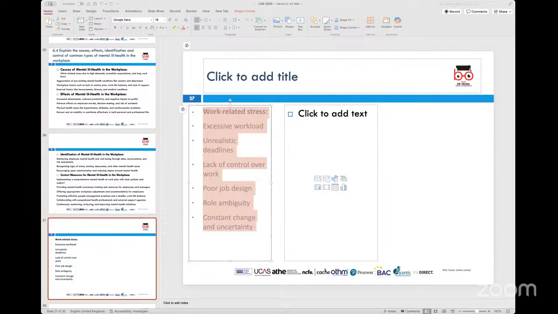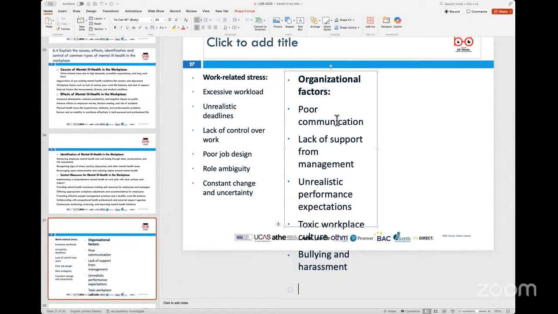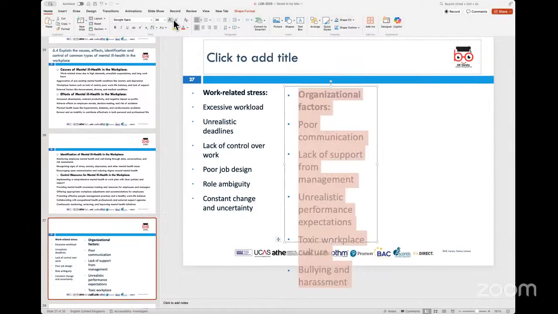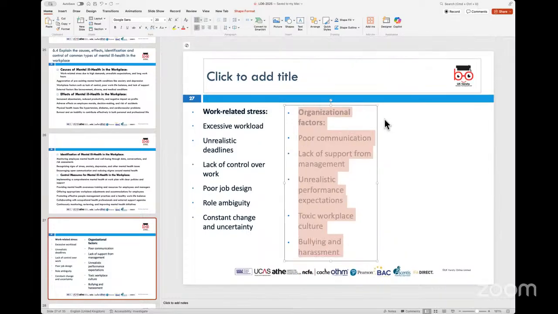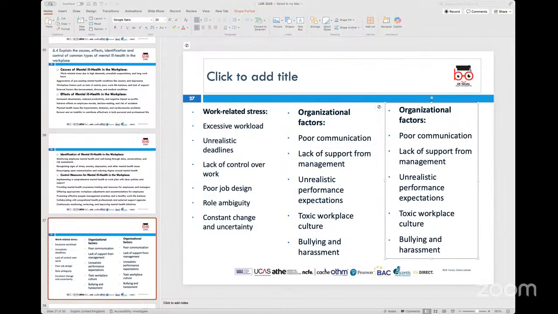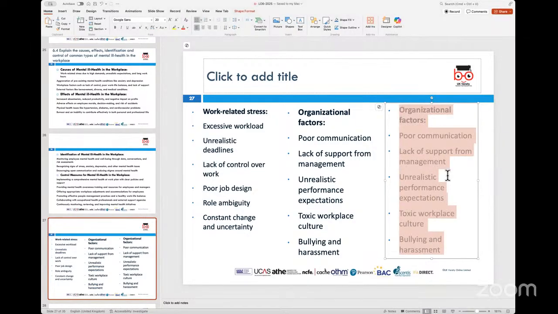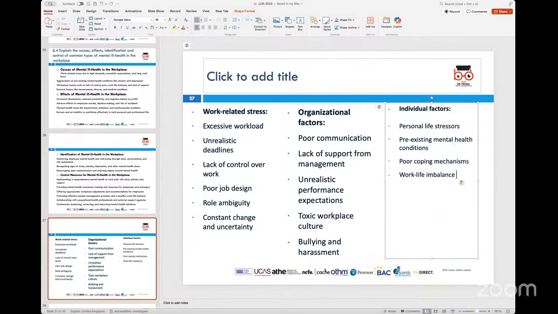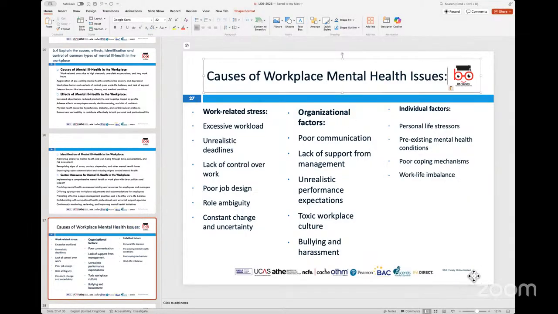So I'm just going to put them here for the purposes of ease of discussion, and they would be factors which can cause issues related to mental health when you work within the organization. So these could be the workplace causes of mental health issues, something that you need to be aware of.